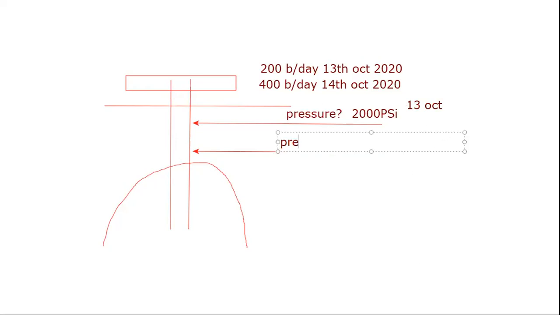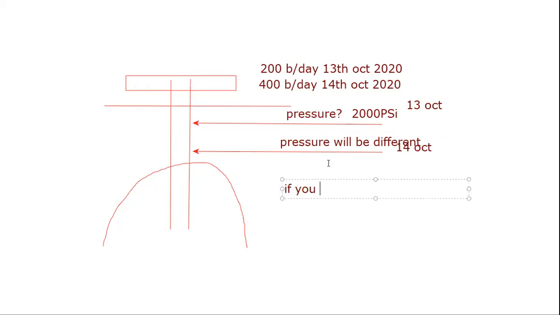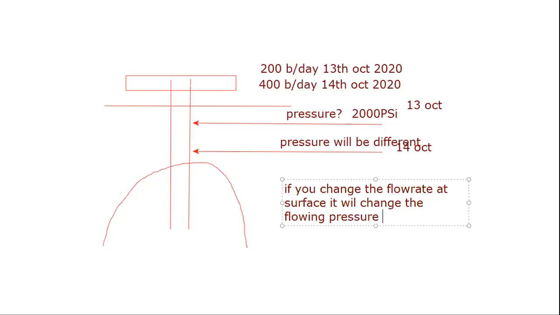Okay, pressure will be different. Now, if you change the flow rate at surface, it will change the flowing pressure inside the tubing.